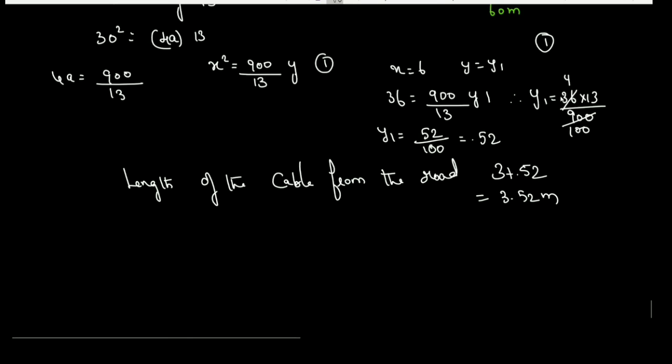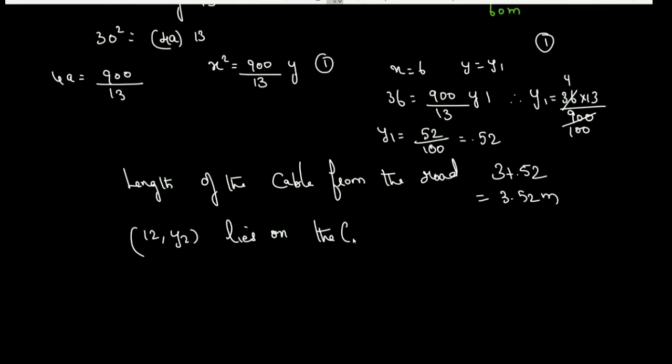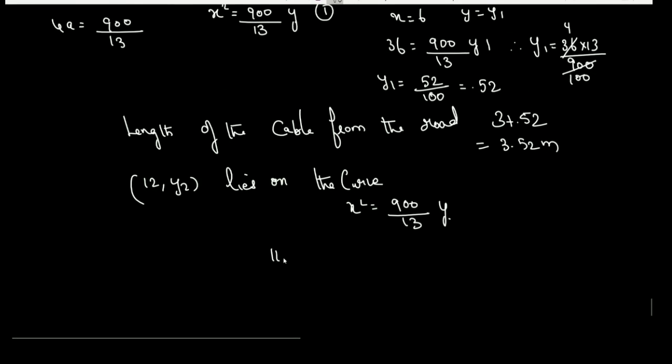So y2, we have to find using the same equation. The point (12, y2) lies on the curve x square is equal to 900 by 13 y. Same curve, so put x as 12. So 144 is 900 by 13 into y2.